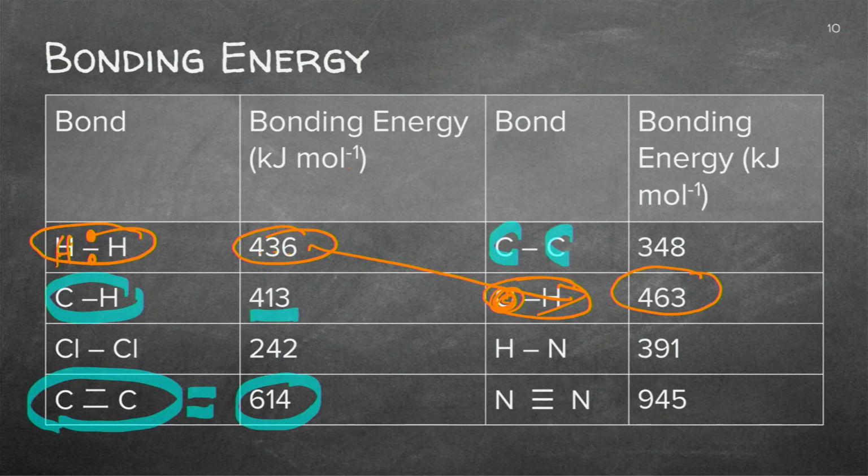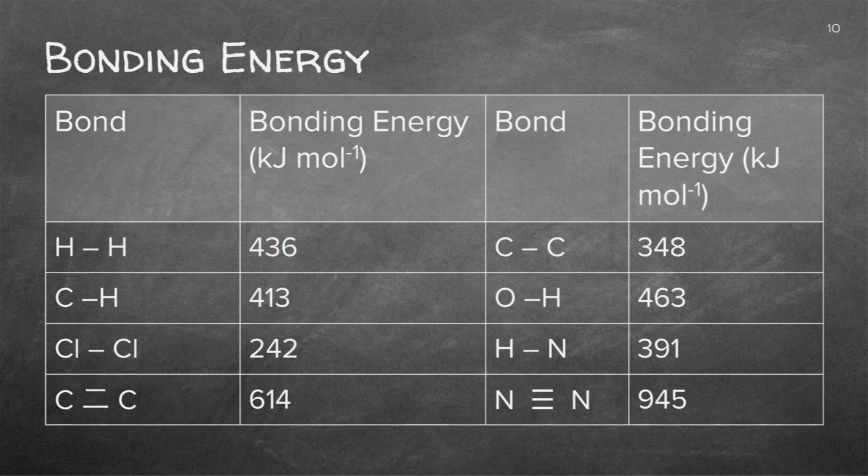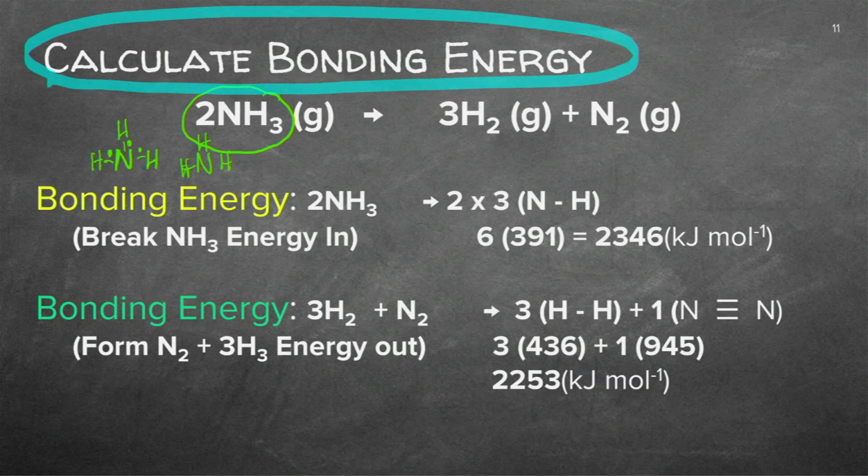Let me quickly clear this table. I now want to know the N and H. Can you see it's 391? So to break each of these would be 391, 391, 391, same as this one. So I said I've got 6 of these bonds. NH, it's 391.